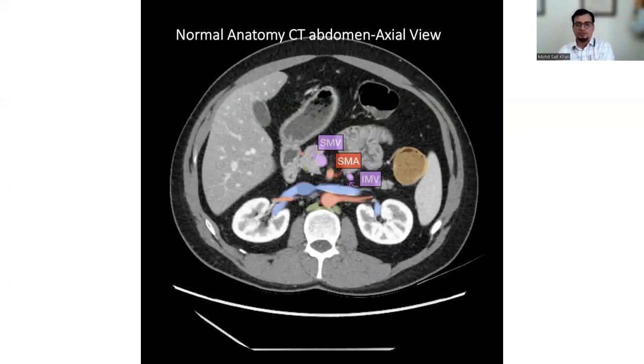Now, you can see this is the left side, this is your right side. The left renal vein is longer than the right renal vein, usually 3 times longer. And contrary to this, if you look at the renal artery, the right renal artery is usually longer than the left renal artery. So these two facts you should remember.